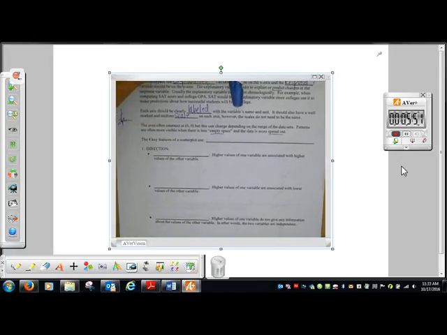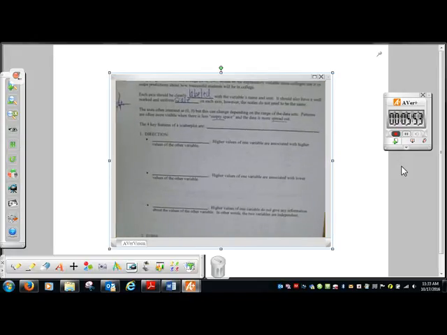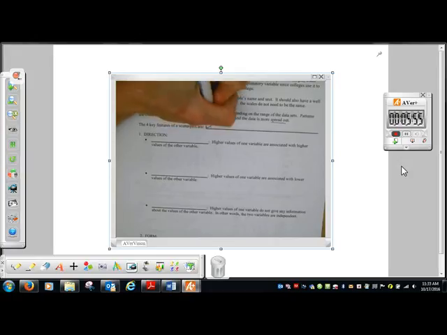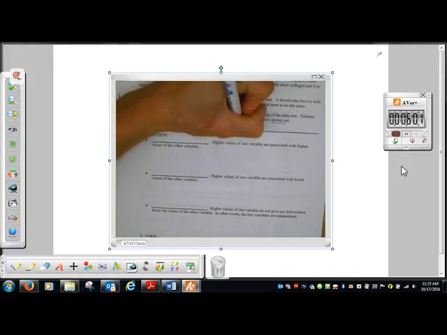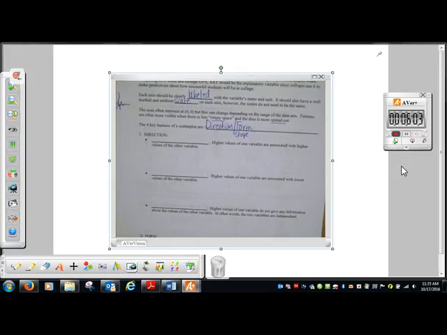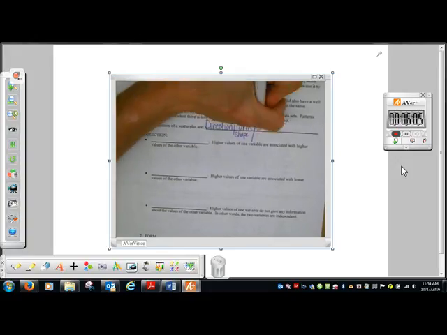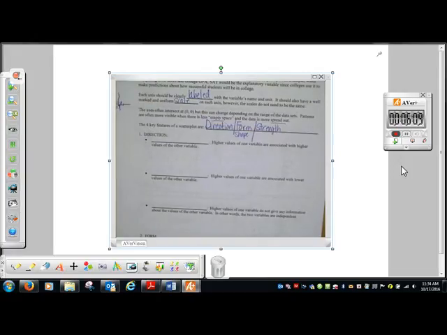The strength is more like the spread, the amount of scatter. How far spread out are the points from each other? And then, are there any unusual points or values? Are there any points that are out of the pattern?